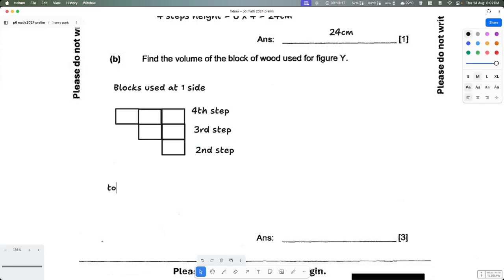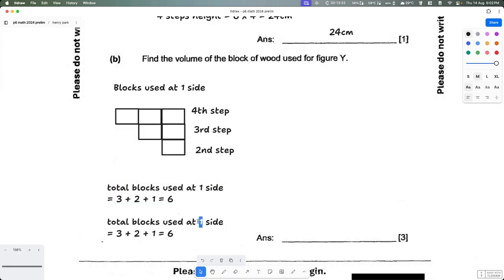So total blocks used at one side will become 3 plus 2 plus 1 equal to 6 blocks. And then total blocks used at two sides is basically equal to 6 times 2 equal to 12.